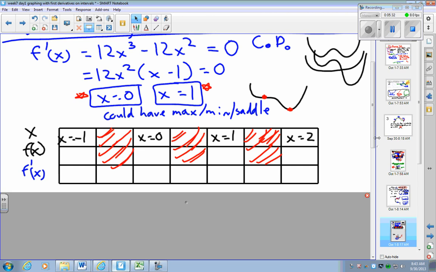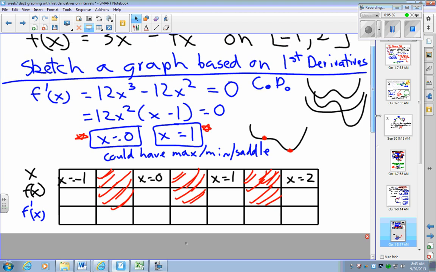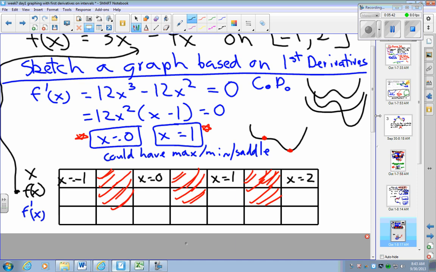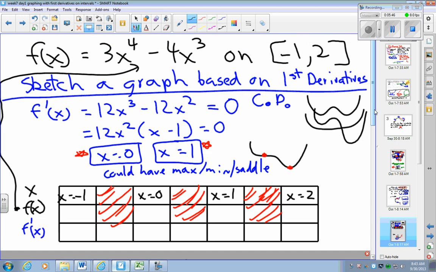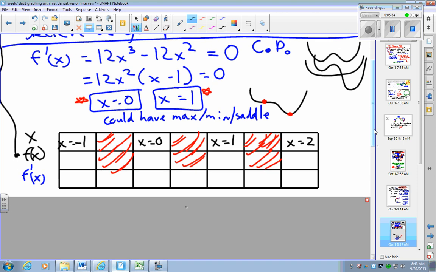Okay? Now, to get the y values. The y values are from the f of x, which comes back up to there. So I'm going to plug in to 3x to the 4th minus 4x to the 3rd, and I need to plug in all of these values.